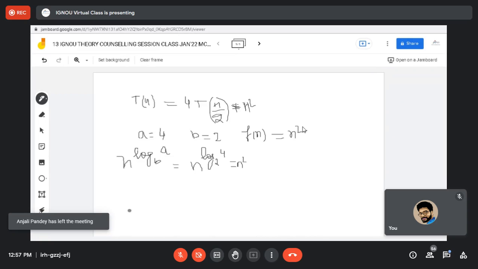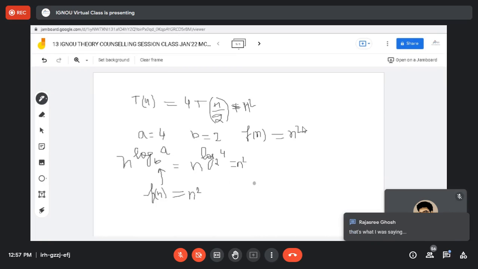After that, you have the value Fn, n square. Now you have to compute both the values, Fn value and n to the log base b of a value. Both values are similar. Whenever you get both values similar, the answer is theta of n to the log base b of a, multiplied by log n.